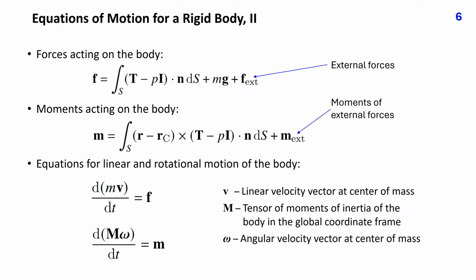With the resultant force and moment determined, we can express the equations of body motion with 6 degrees of freedom, free linear and free rotational motions, as follows. V is the linear velocity vector at the center of mass, M is the tensor of moments of inertia of the body in the global coordinate frame, and omega is the angular velocity vector at the center of mass.